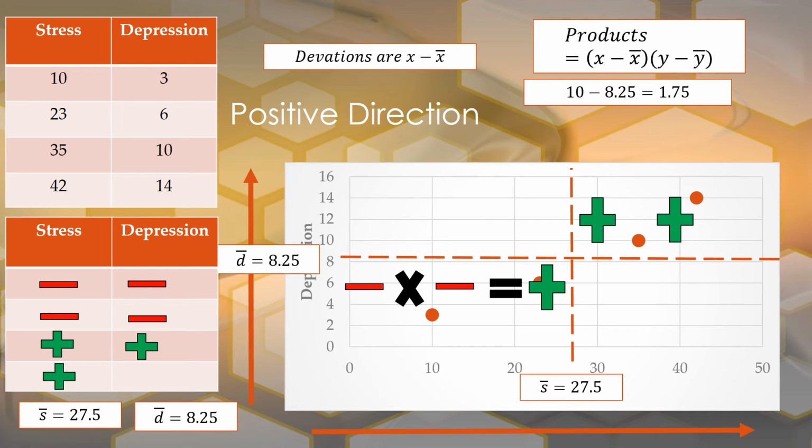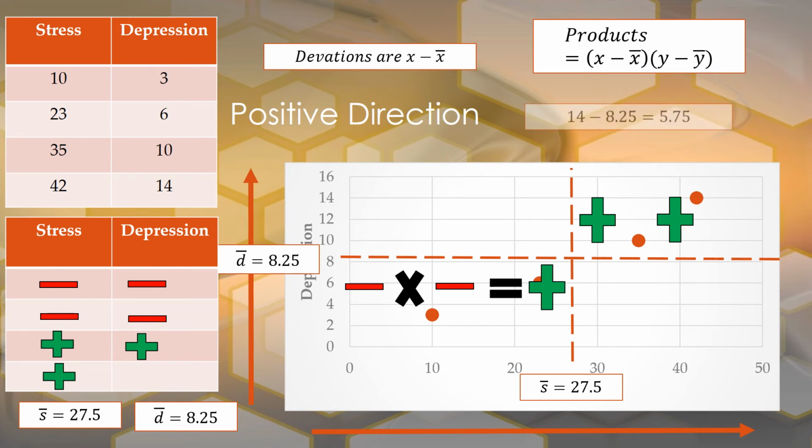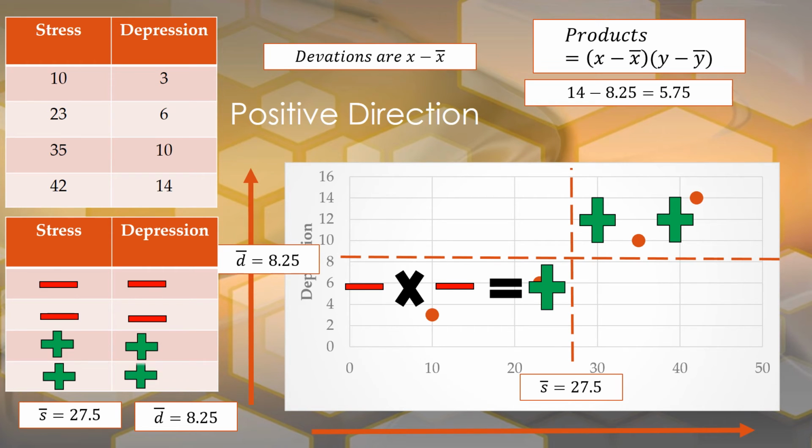And then for the last person, we have a depression score of 14, and we subtract off its mean of 8.25, and we get a positive deviation of 5.75. So that goes there. And then remember, we're going to multiply to get the products, so we're going to multiply the deviations. And a positive times a positive is a positive. So that's why this is called a positive direction, because the products are positive for those two quadrants.